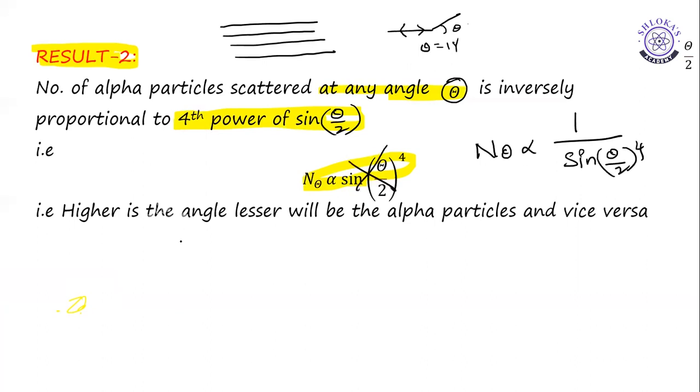See here, as the theta value increases, n theta decreases. As the theta value decreases, n theta increases. So that was concluded by Rutherford: the higher the angle, the fewer the alpha particles, and vice versa. If the angle is lesser, more will be the alpha particles. This is about result 2, right?